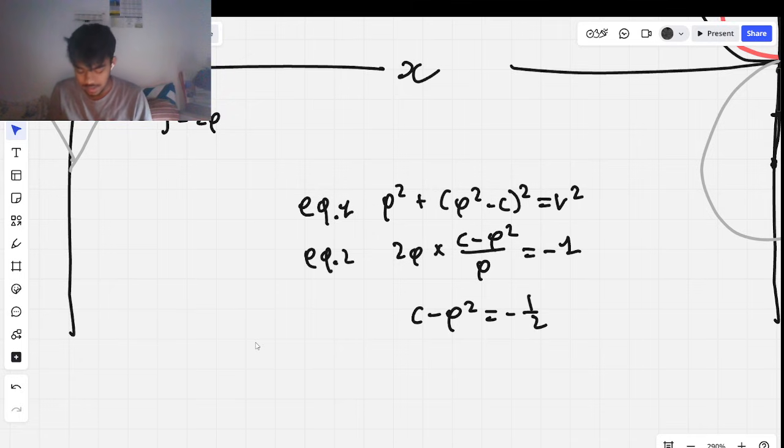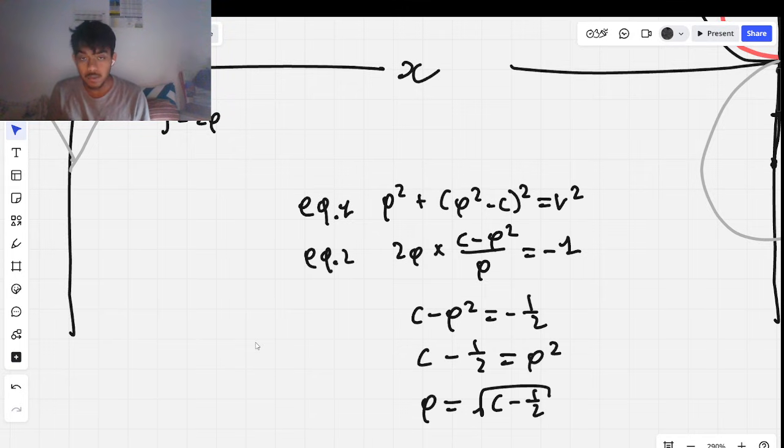Which means that c minus a half is equal to p squared. Therefore, p is equal to the square root of c minus a half, which means that actually c must, in this case specifically, be larger than a half, because if that wasn't the case, then we would have a complex number, because whatever is under my square root is negative.